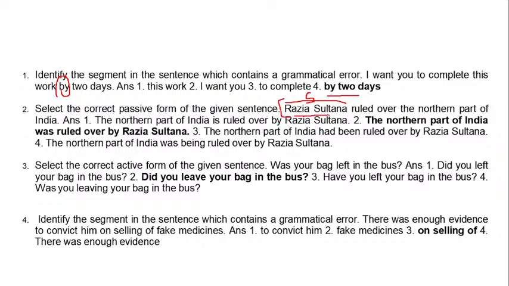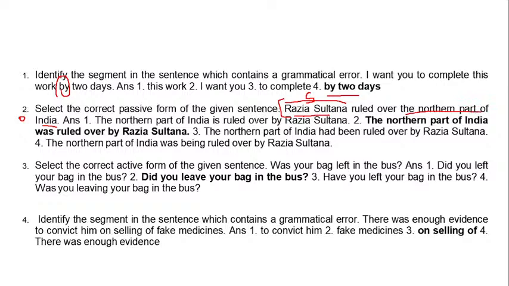So here Razia Sultana is the subject, because the sentence is about her, and the northern part of India is our object. But in the passive form, we will swap the positions of object and subject. That means the object of active will become the subject of our passive sentence.